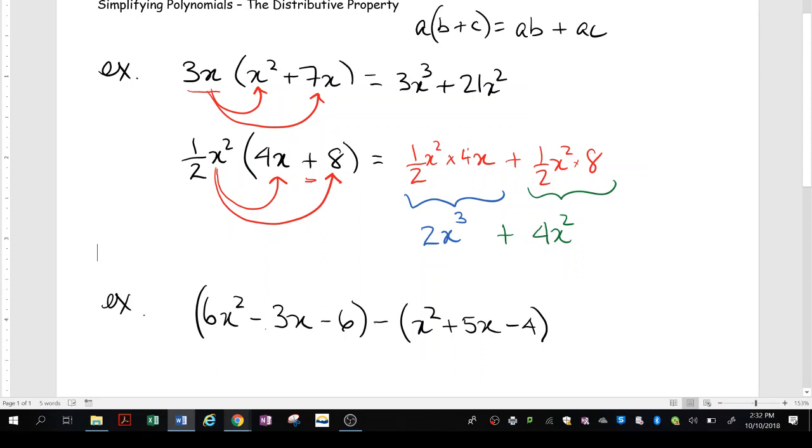Now notice the brackets here. We're taking this first expression and we're subtracting from that this entire expression. That means that this subtraction is going to apply to every term in this expression.